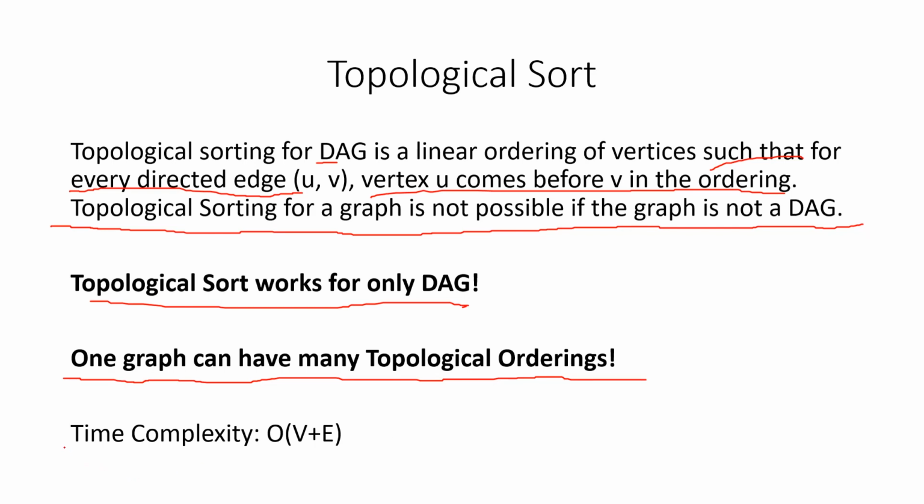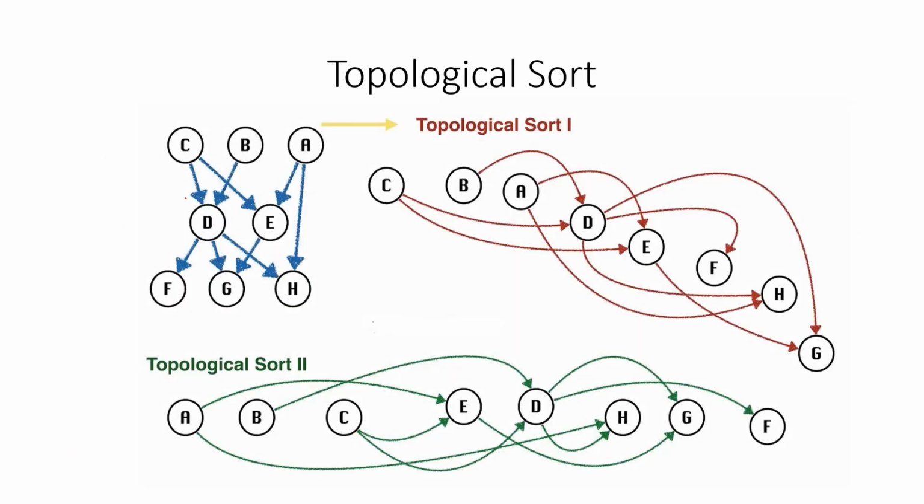And the time complexity of the sorting is big O of V plus E. So how does it work? Let's say that we have this directed acyclic graph, as you can see here.